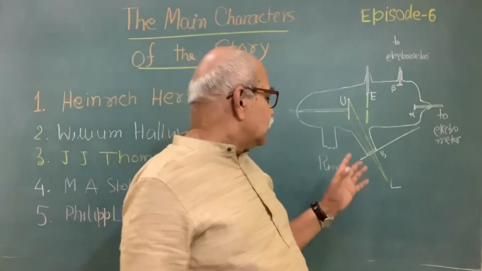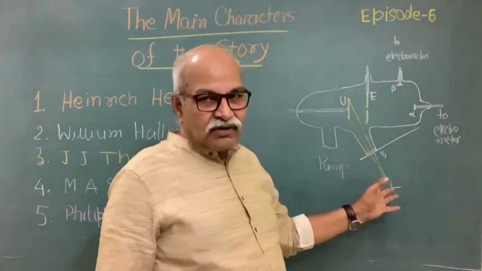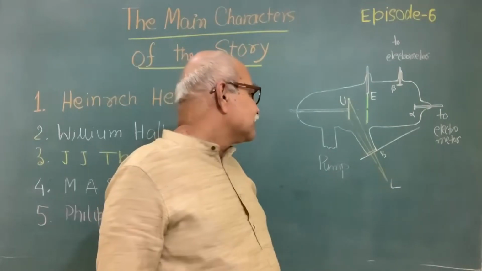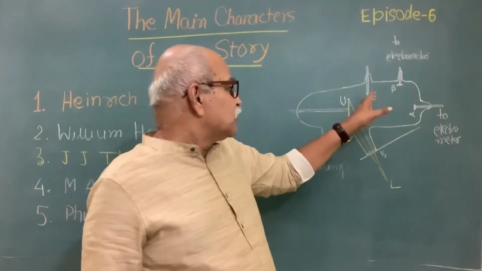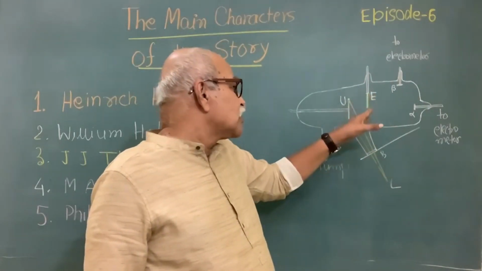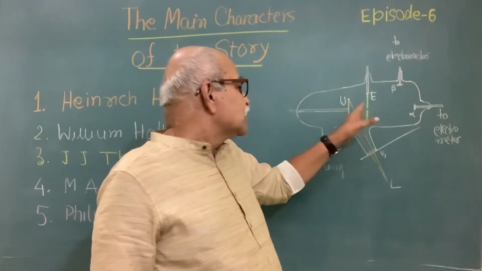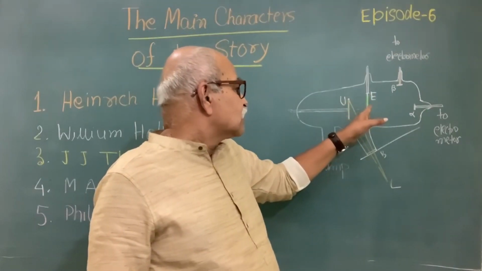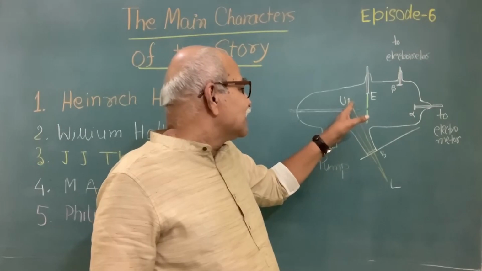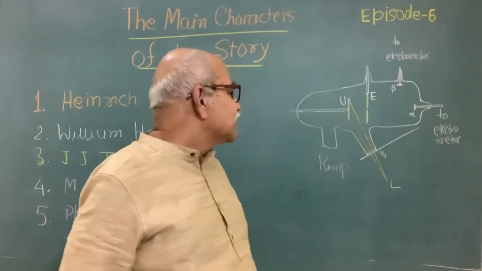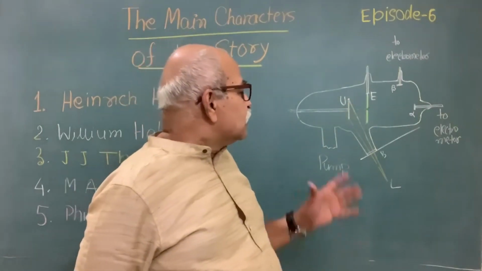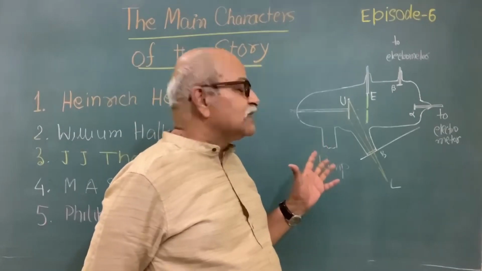Now when this light is put on, what is seen? Suppose this is at neutral potential, these two potentials are equal, or it is slightly more negative than this, then what will happen? What is seen in the experiment of Lenard?